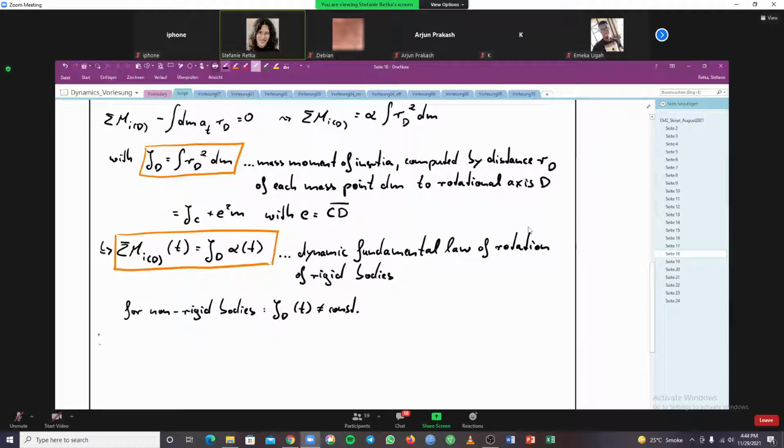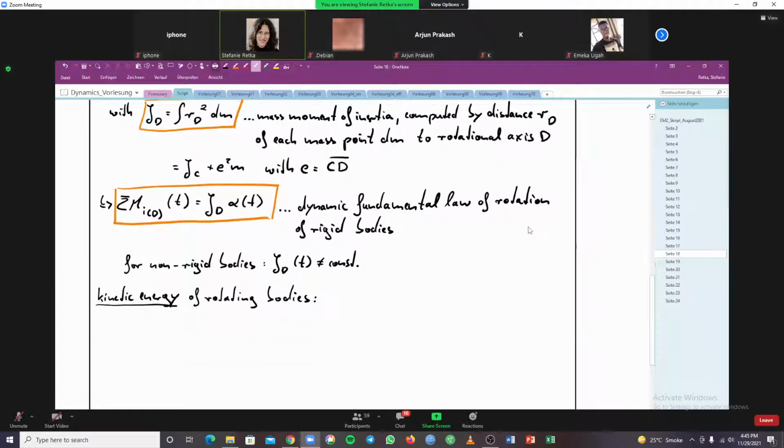So our equation for the kinetic energy in case of a rotating body becomes, well, we'll state it for a point mass first, or for our tiny mass element.